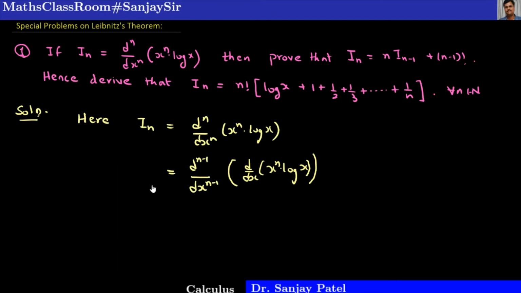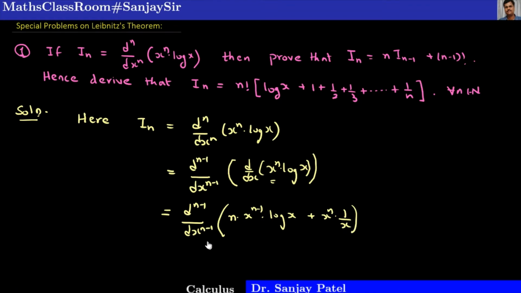Okay. So this is equal to d^(n minus 1) by dx^(n minus 1) of, this derivative we will find using the u into v rule. So I can write it as derivative of x raised to n as n into x raised to n minus 1 into log x as it is, plus x raised to n as it is, and derivative of log x is 1 upon x. Okay.